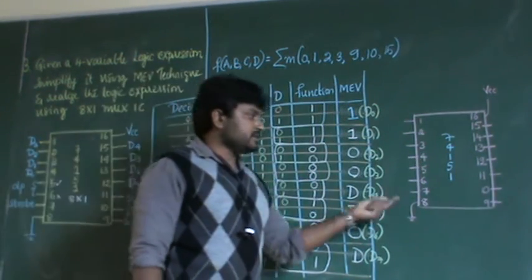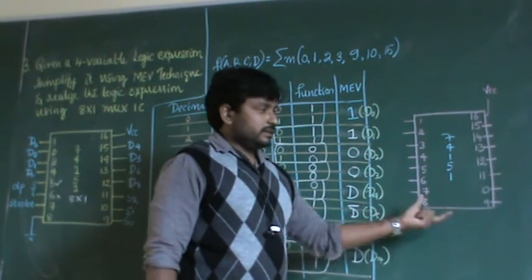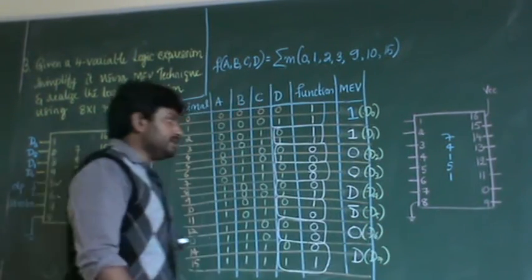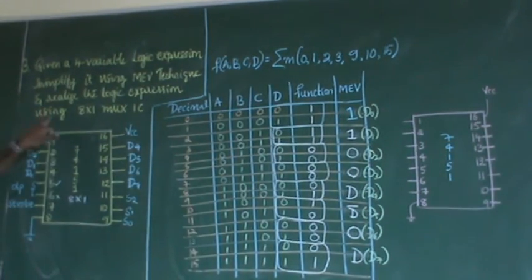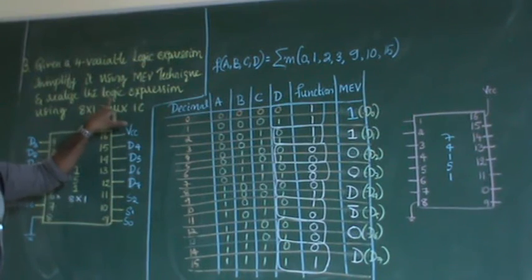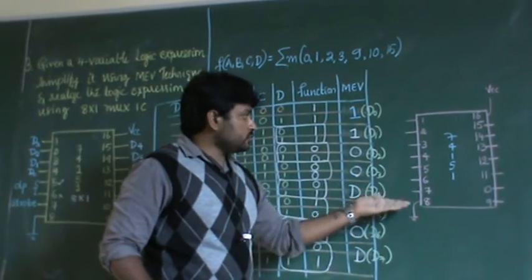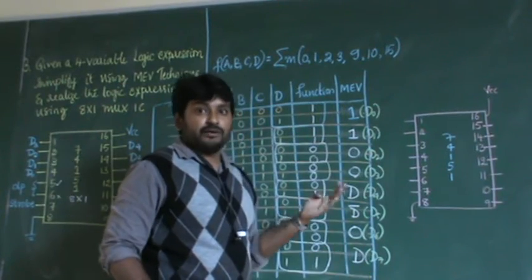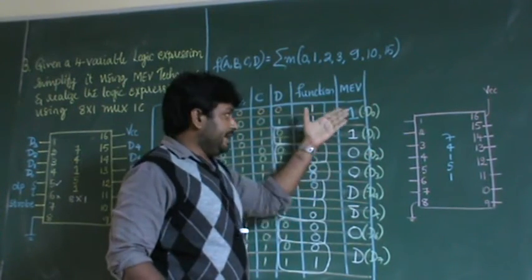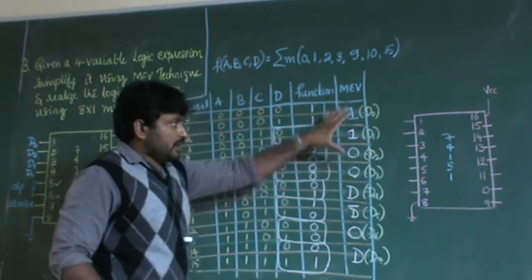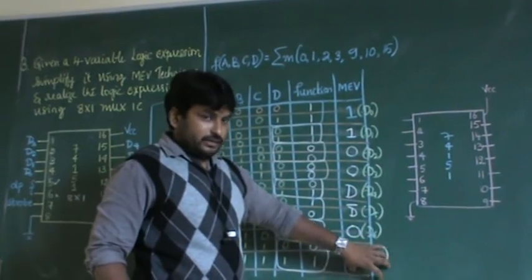Okay, so now it is very easy for you to write down the circuit diagram. So that's what they are telling you. Using the 8 cross 1 you are supposed to realize the logic expression. So now you have got the outputs. What are the outputs you have got? You have got 8 outputs. I mean the 8 combinations, for all these combinations you have got all these 8 outputs.